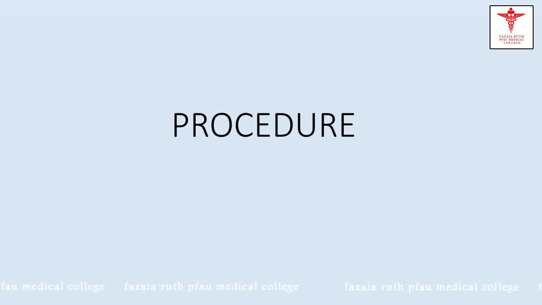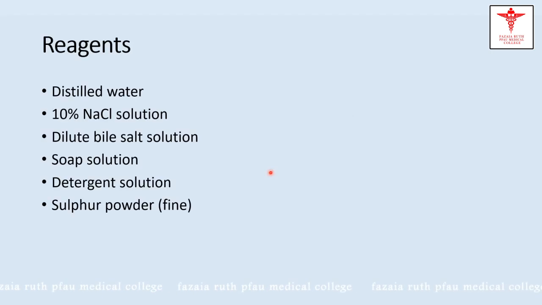In this practical, we will perform the Hayes test on different substances and see if they increase or decrease the surface tension. The reagents required are distilled water, 10% NaCl solution, a diluted bile salt solution, a soap solution, and a detergent solution.